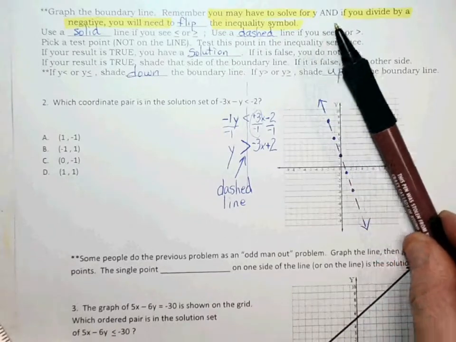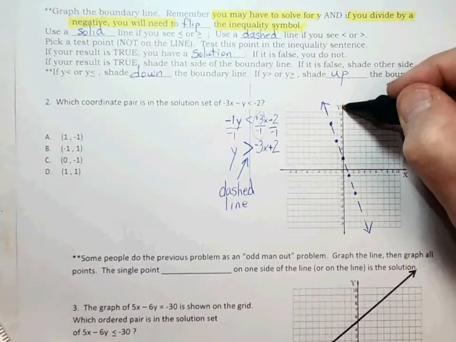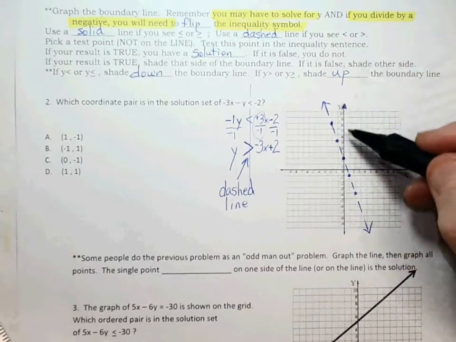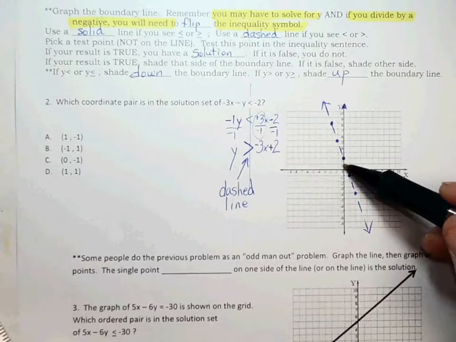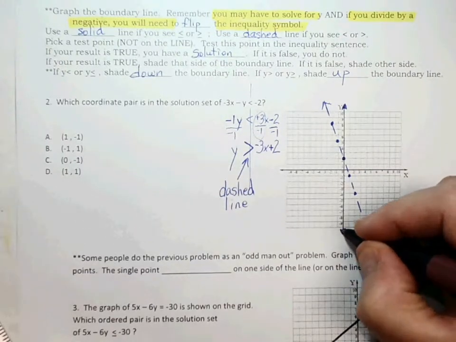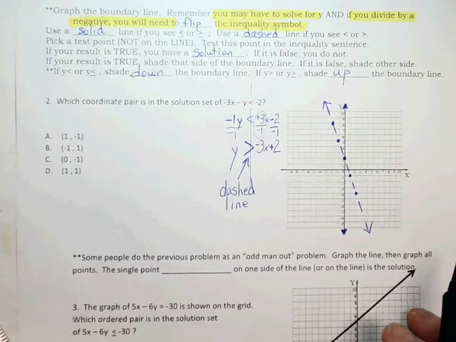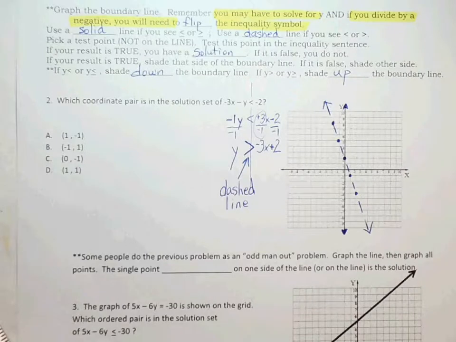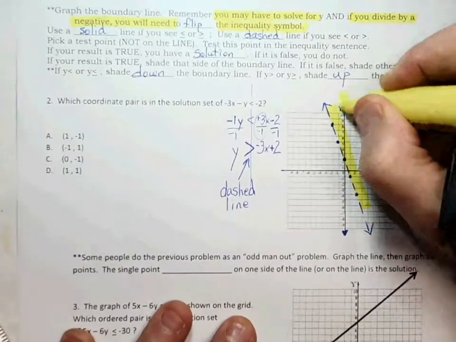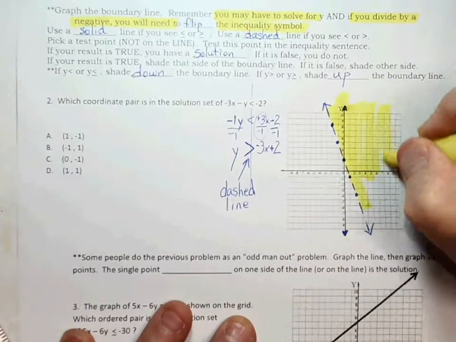I have this side up here, which is considered going up, because if I shade this side, I'm going to be going up on the y-axis. And over here, this is considered shading down, because if I shade this side, I'm heading in the downward direction on the y-axis. Okay? So if I want to shade this, I would just take my marker or something, and remember I'm shading up, because the y-axis is going up on this side.